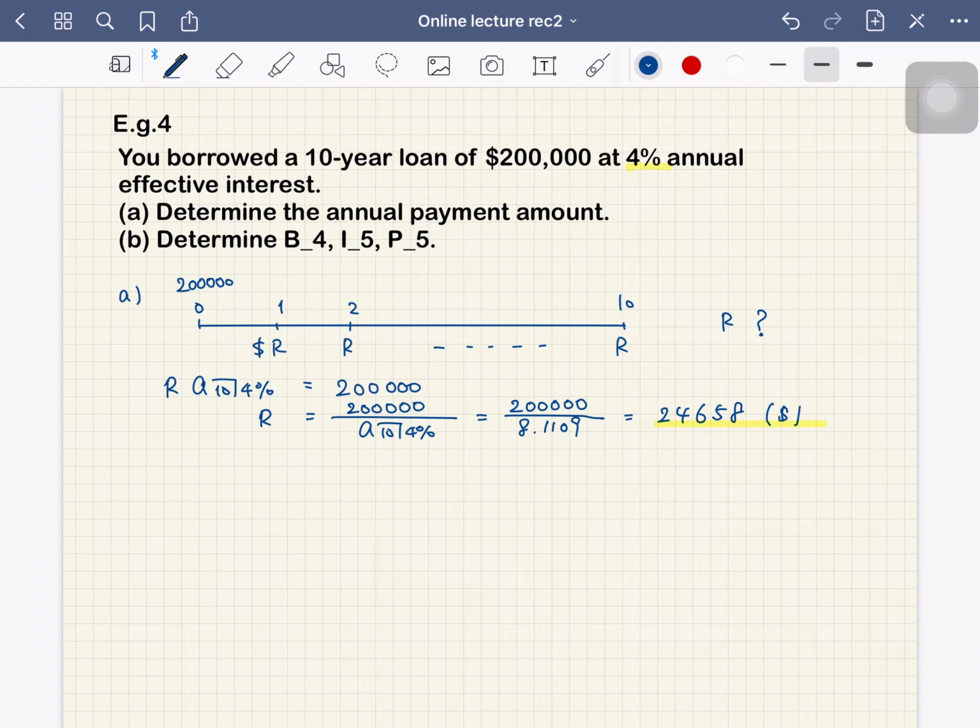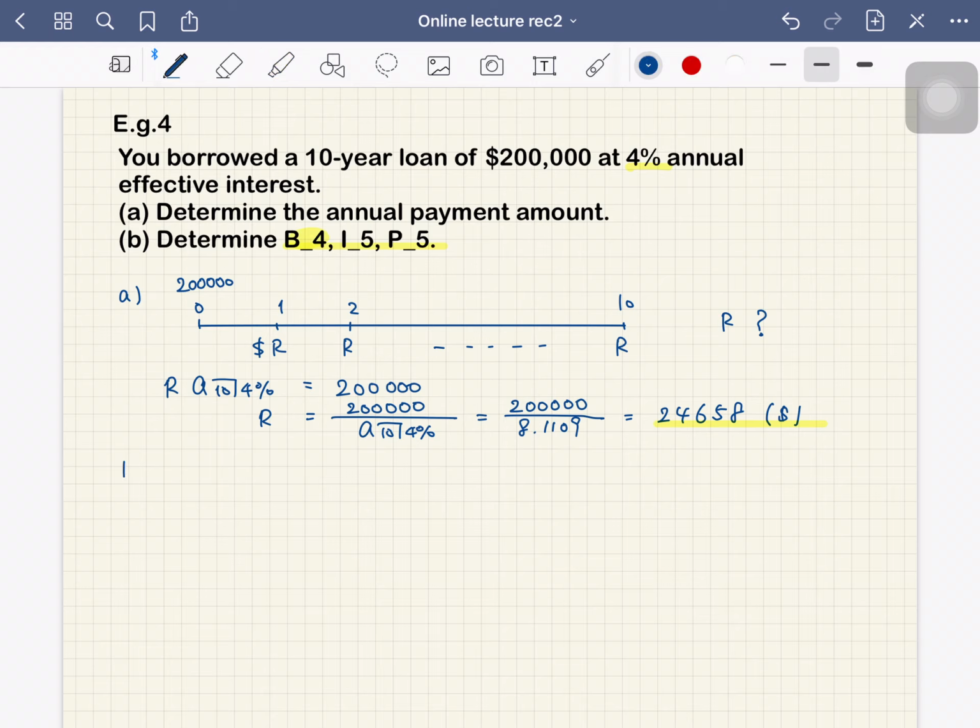Okay, so now we have determined the annual payment amount. So we want to determine next question B: B4, I5, and P5. At first we can calculate B4 by prospective method, because with retrospective method you have to calculate all the way from B0 to B4.